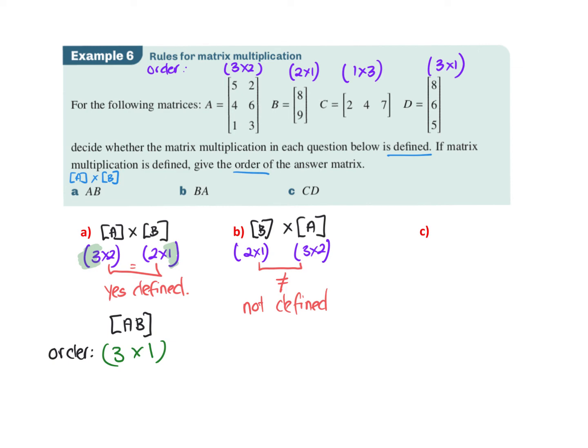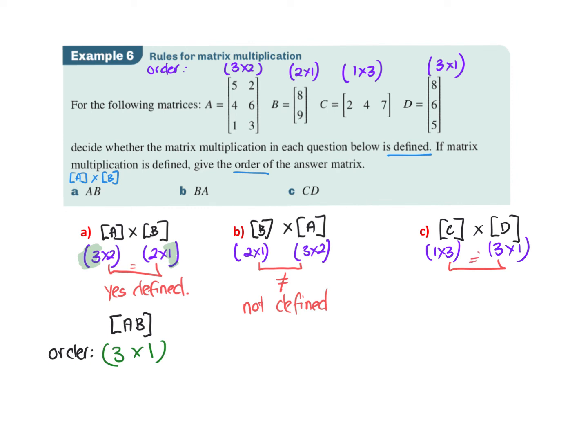So let's do the last one. The last one they asked me to do C times D. Okay, so the order of C was a 1 by 3 and D was a 3 by 1. Is this one defined? Are the two inner numbers equal?